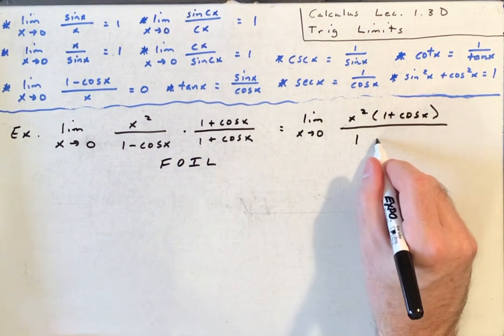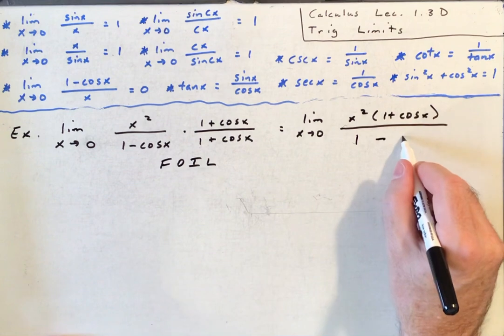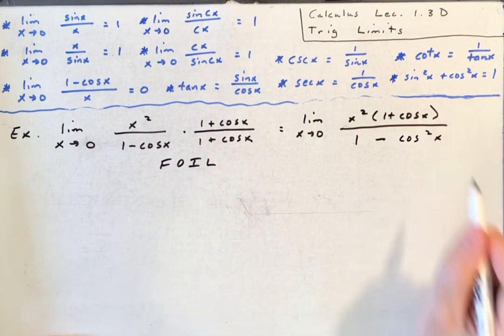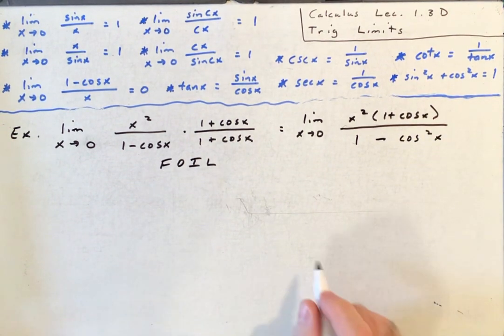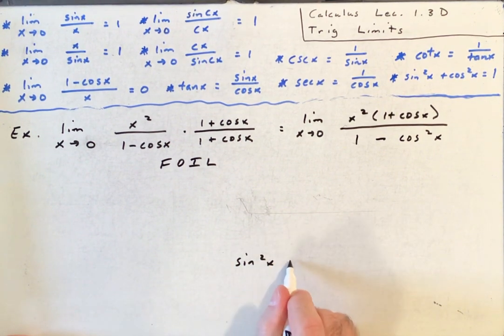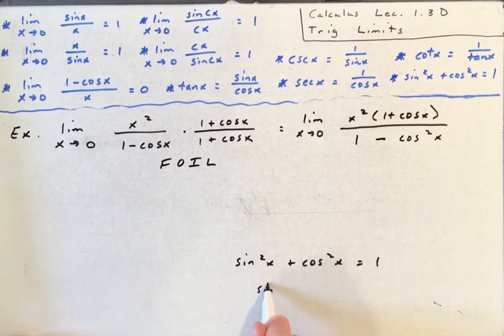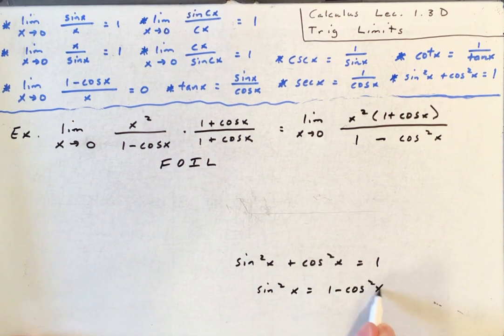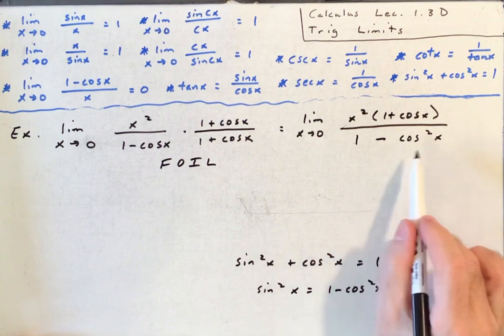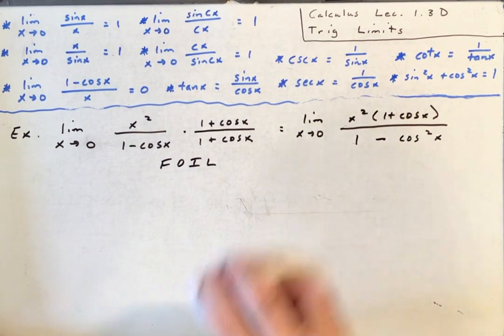And then the last would be cosine times cosine, so minus cosine squared x. Now over here, down below, if you have sine squared x plus cosine squared x equals 1, then sine squared x is equal to 1 minus cosine squared x. Okay, so we can just rewrite that as sine squared x, the denominator here.